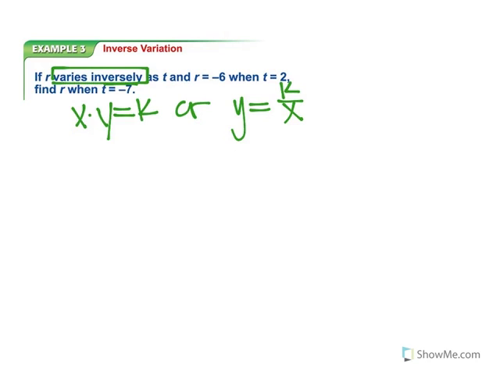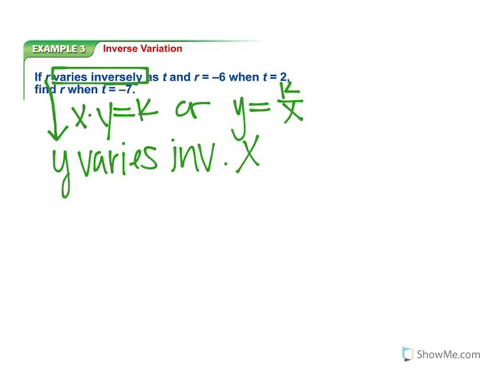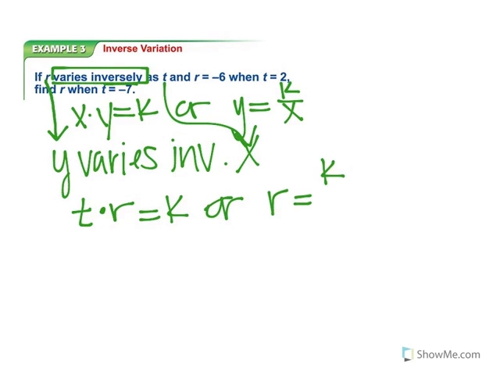It says r, and in the last slide it says y varies inversely with x. So think about it this way: r is in the y place, and t is in the x place, so these formulas are going to change to t times r equals k, or r is equal to k divided by t.